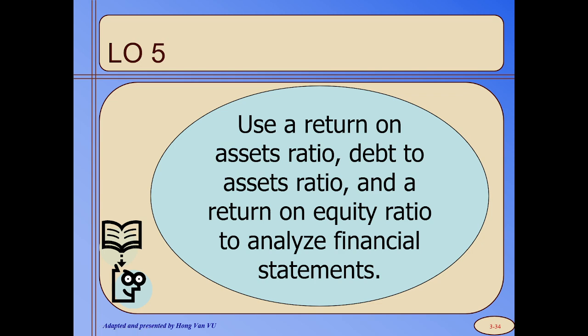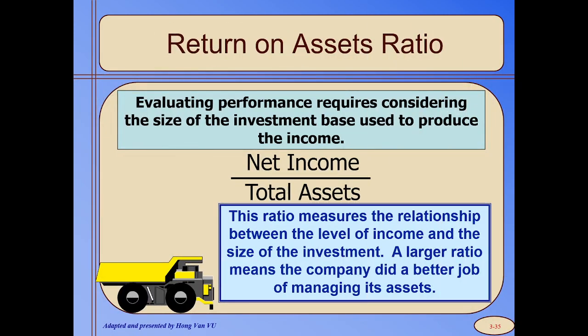We use some financial ratios to evaluate how companies use their assets, right? The first ratio is the return on assets ratio. Evaluating performance requires considering the size of the investment base used to produce income.